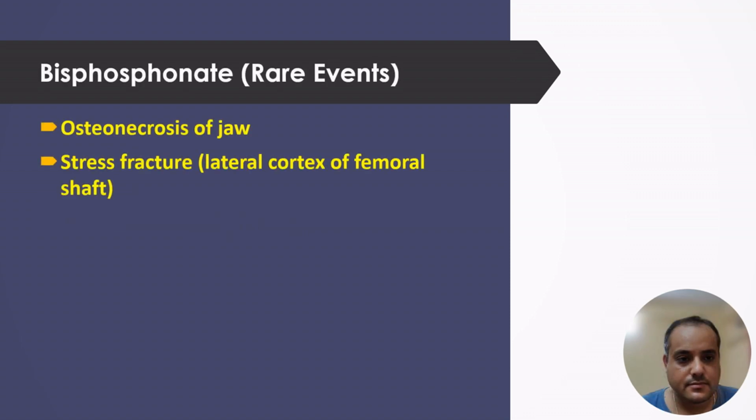Now a few of the very rare adverse effects of bisphosphonates are that they can cause osteonecrosis of the jaw, and they are also associated with stress fracture. The bone most commonly involved is the femur, and the region is the lateral cortex of the femoral shaft.